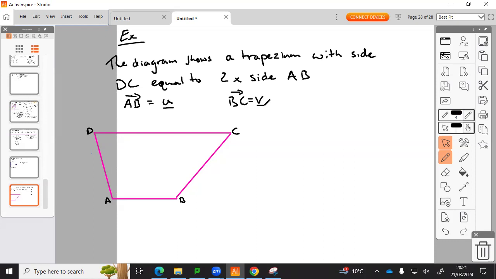The diagram shows a trapezium with side DC equal to 2 times side AB. And you've got that shape down the bottom, and you've got letters A, B, C, and D. And you can sort of see a pathway between A and B and C and D.